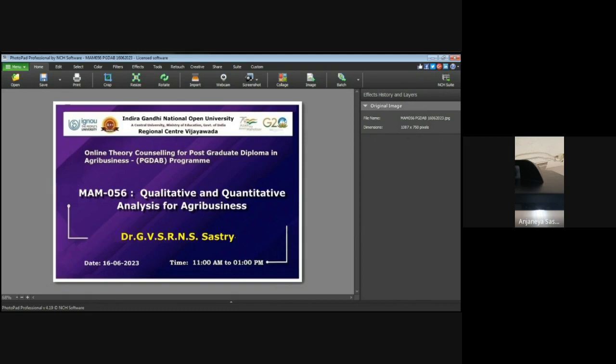So first we see the first block, that is research. Research is the word that came from 2 items. Research means there is an existing item, so we search for that.